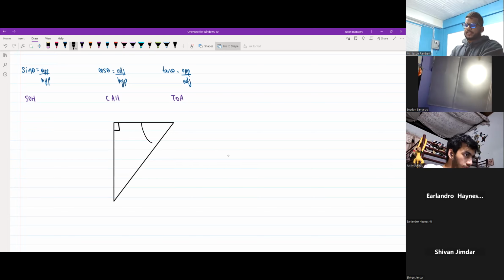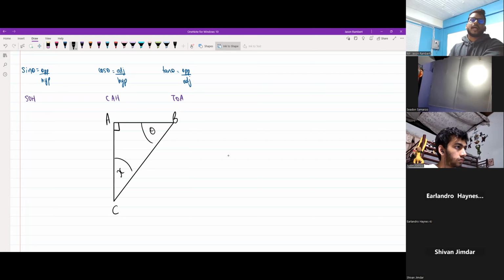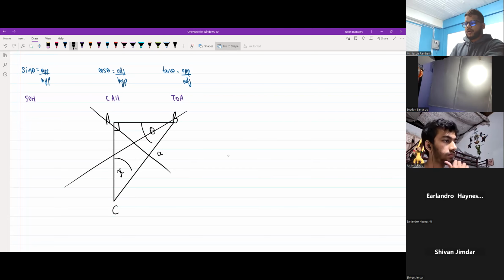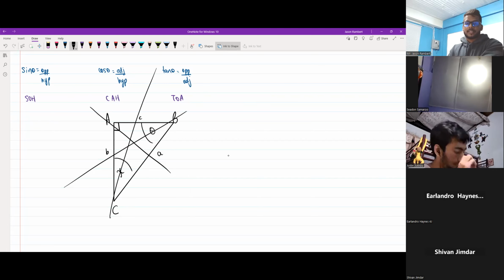Let me say this angle is theta, and let me represent this other angle as x. The sides are going to be A, B, and C. If I am labeling the triangle, the side opposite A is little a, the side opposite B is little b, and the side opposite C is little c.